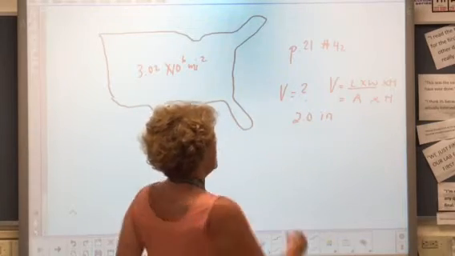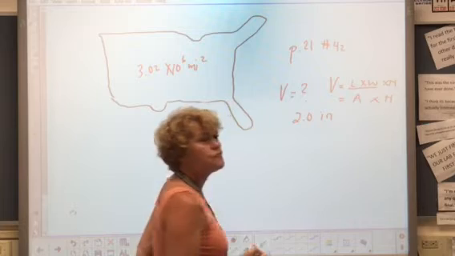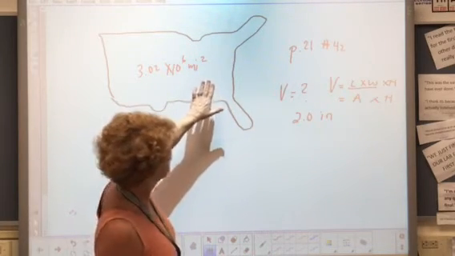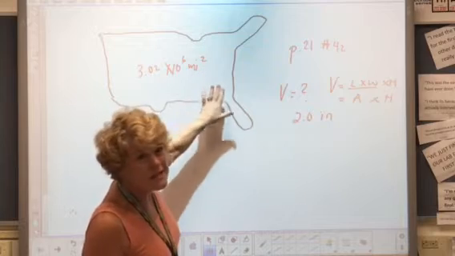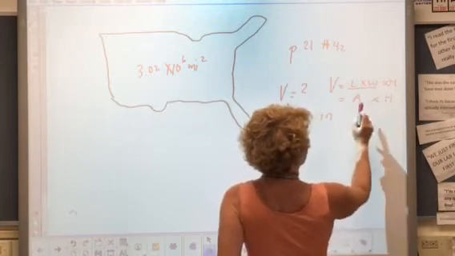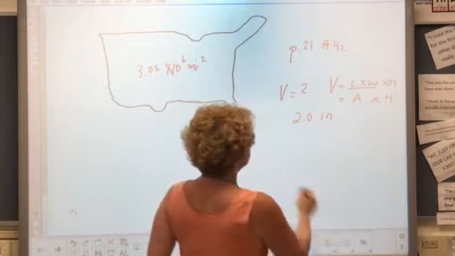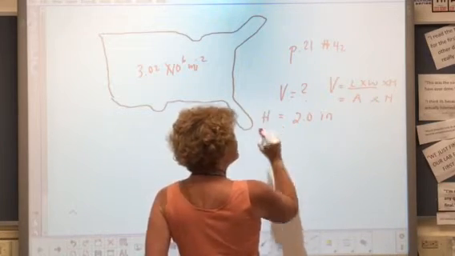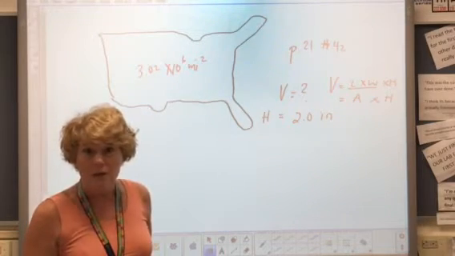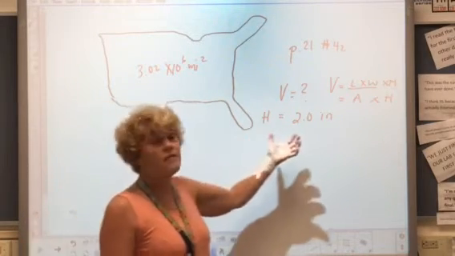Okay? So here we have, now there's 2 inches of rainfall. If there's 2 inches of rainfall on the contiguous United States, that represents which variable here? Length times width times height, area, height. Well, you're going to have to know that that's the height of this amount of rainfall. We want to get the volume of the area, so here we have the height.